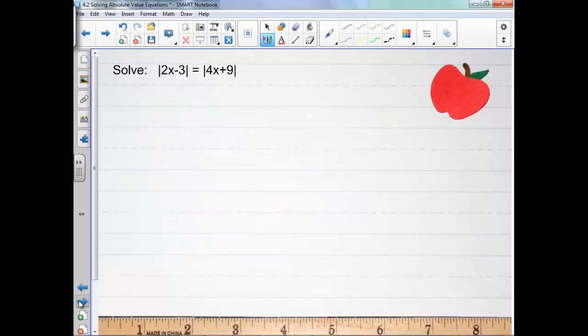Now, this looks different because both sides have absolute value, but it's going to work the same way. We still break it up into the positive and the negative. Because notice, if we took the absolute value, this would be a positive, and so would that.